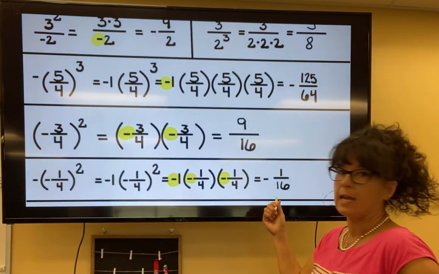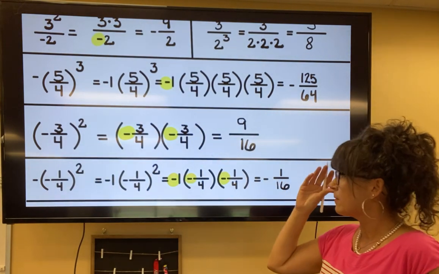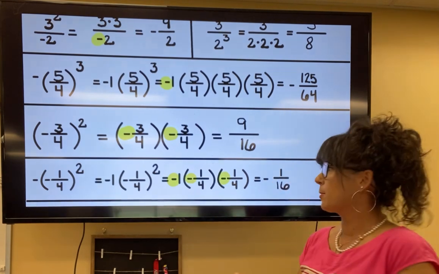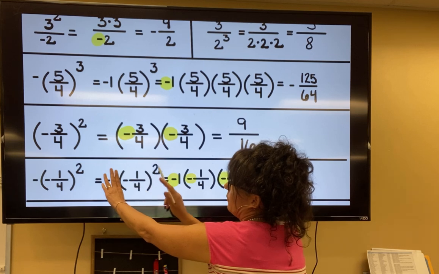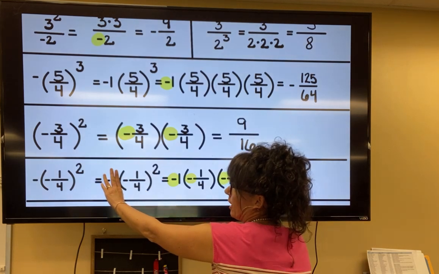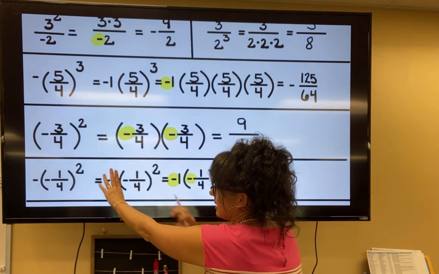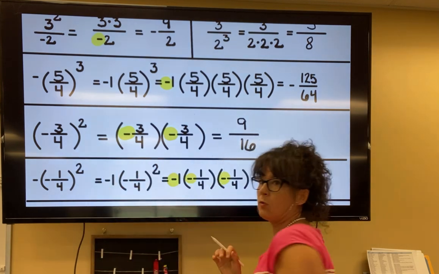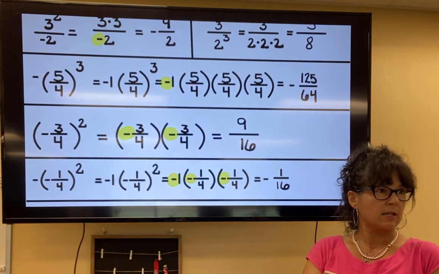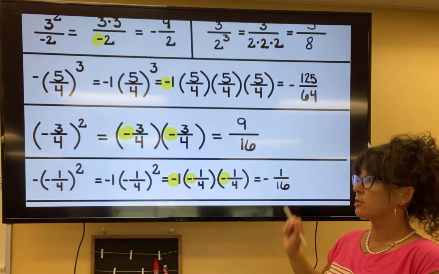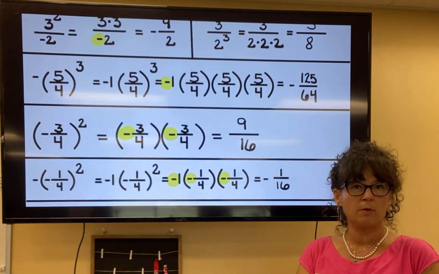And so our final answer is -1/16. If you followed order of operations, you may have done -1/4 times -1/4 and gotten +1/16. And then +1/16 times -1 is -1/16. Okay, so in your notes, you might want to star this one because it's the one that usually causes people the most problems.